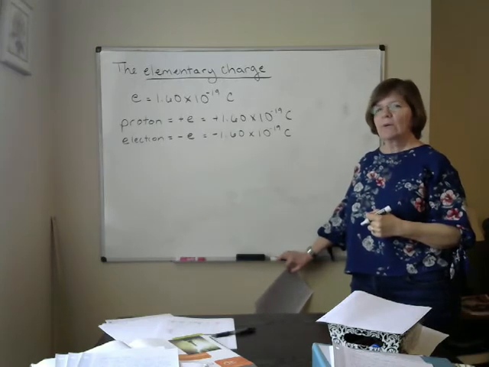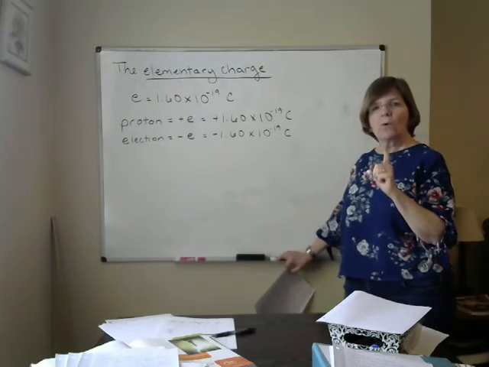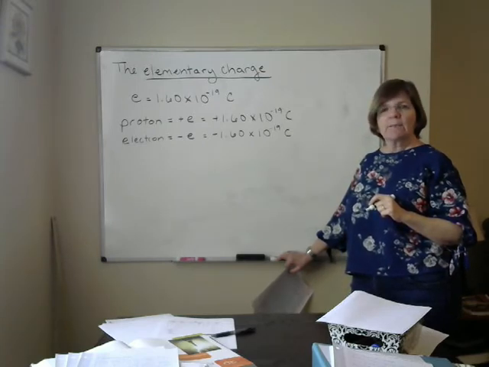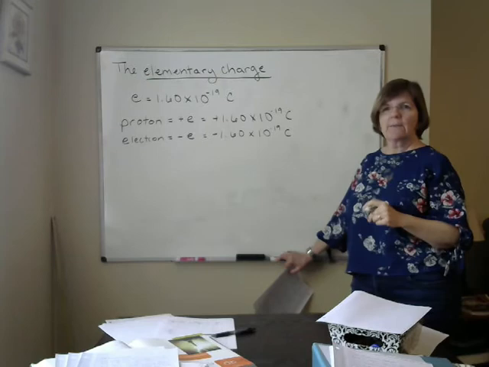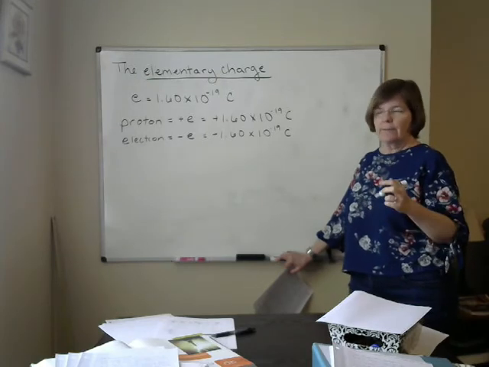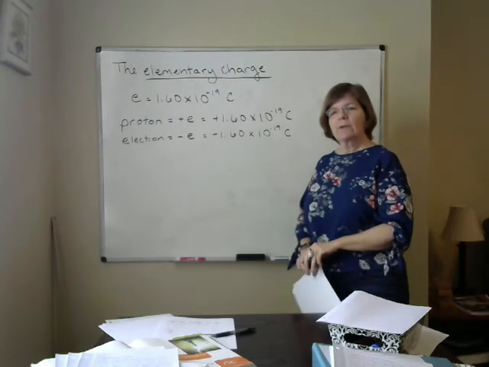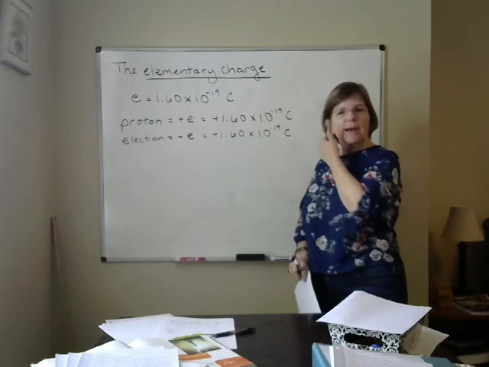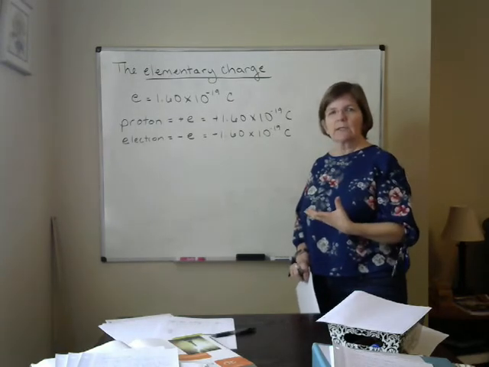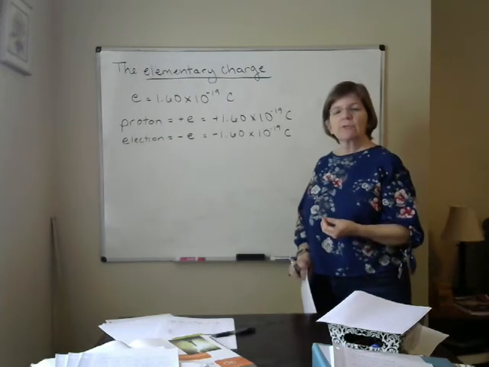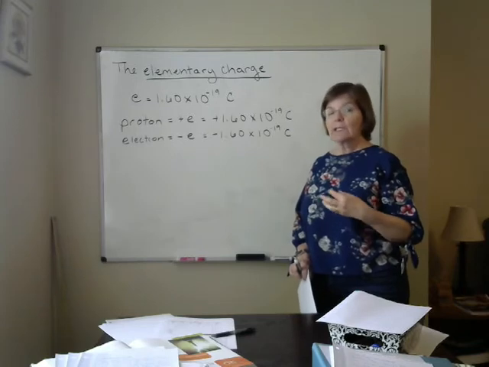We now know that if you have 1 whole coulomb of charge, you're talking about millions and millions of electrons, if it's a coulomb of negative charge. If you're talking about a coulomb of positive charge, you're talking about millions and millions of protons. In everyday matters, charges are going to be really small quantities.